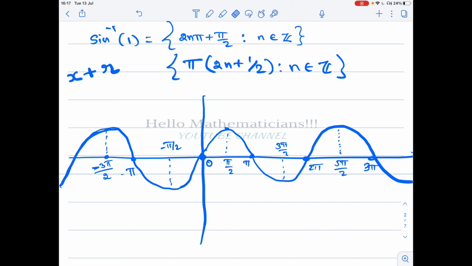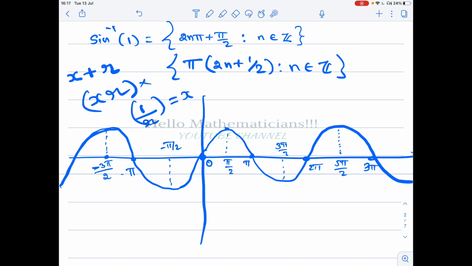Similarly, take X to be transcendental and R to be a non-zero algebraic number, otherwise the product will be zero. Now suppose XR is algebraic. Since R is algebraic, 1 by R is also algebraic. Then XR times 1 by R will give you X is algebraic, but X is a transcendental number. That's what we started with, right?